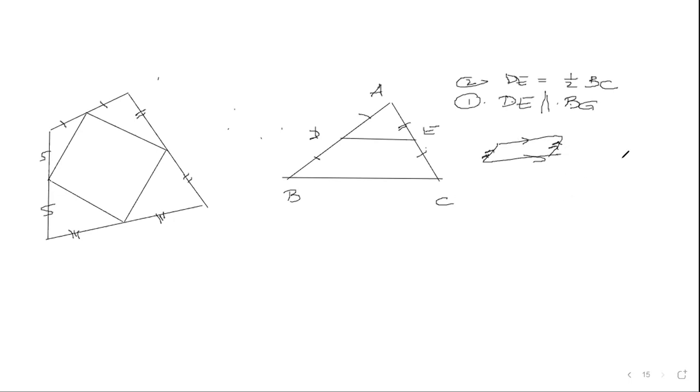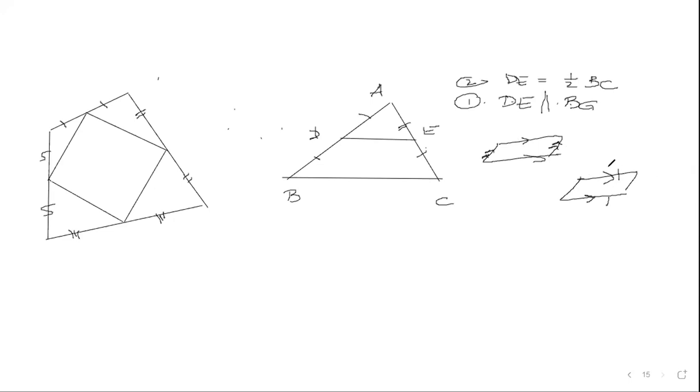And then you have these interesting results. If you have a four-sided figure and you know that one pair of opposite sides are equal and that same pair are parallel to each other, then you can conclude that this side is parallel to that side, making it a parallelogram.